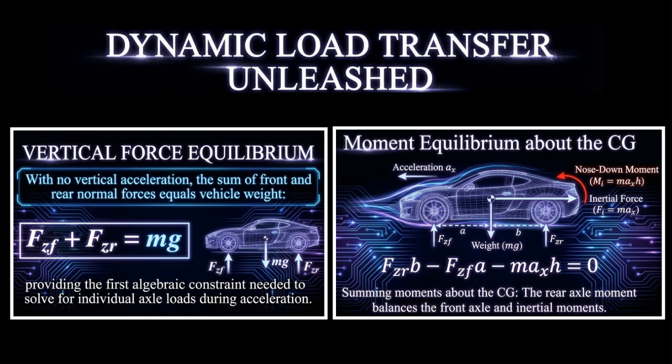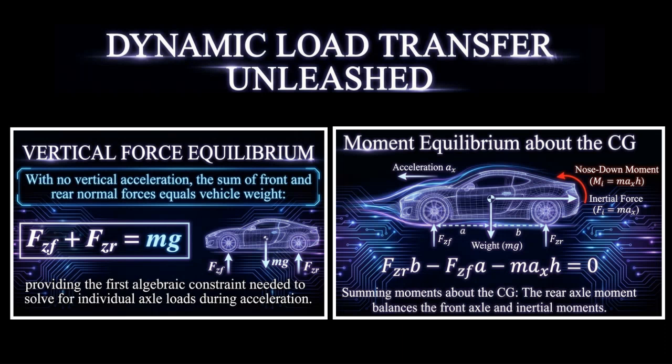When there is no vertical acceleration, the total normal force on the vehicle equals its weight. This gives the relation FZF plus FZR equals mg. During acceleration, an inertial force acts at the center of gravity and creates a pitching moment. This inertial moment is Mi equals m times ax times h.